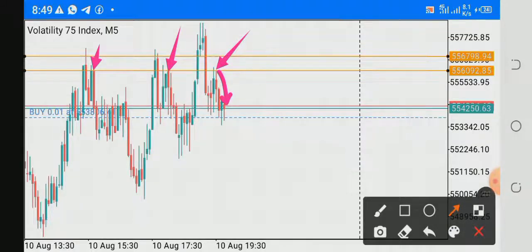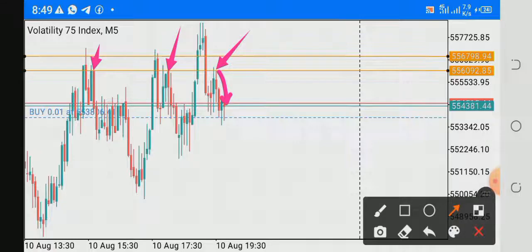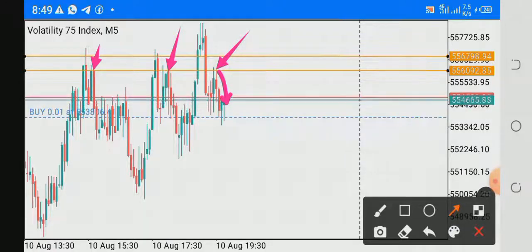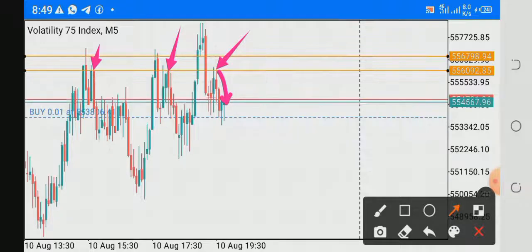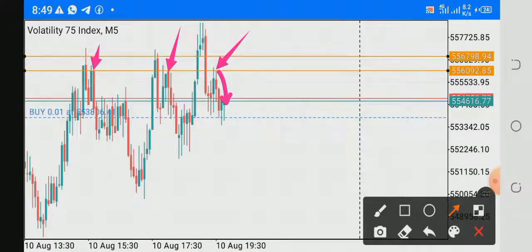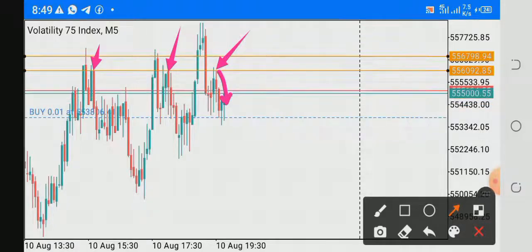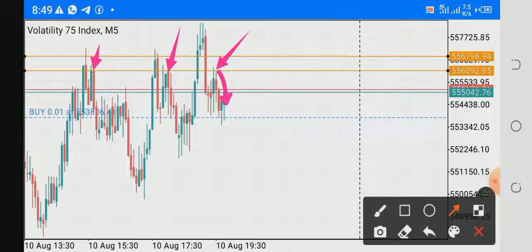Look very well, you discover that once the price gets to that line, the price respects that line. It doesn't break out of that line easily. So once you see this kind of line, once you're able to draw the line perfectly, then you are good to go in the trading.